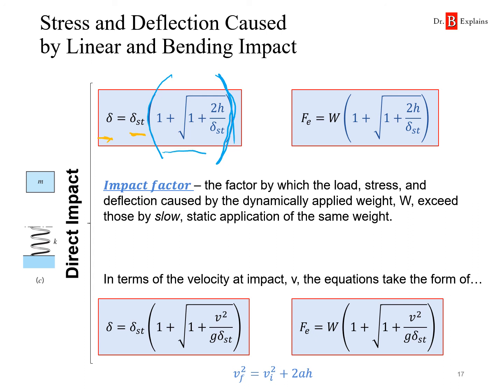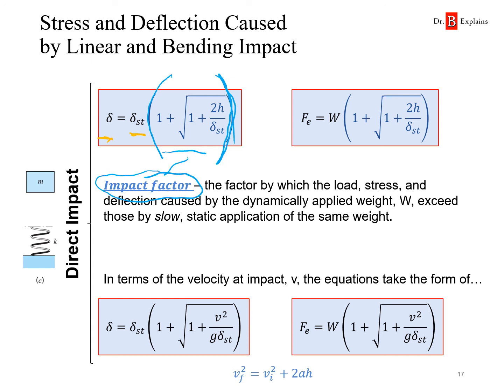This quantity in parentheses is what we call the impact factor. This is the factor by which the load, stress, and deflection caused by the dynamic applied load W exceed those caused by the slow static application of the same weight.